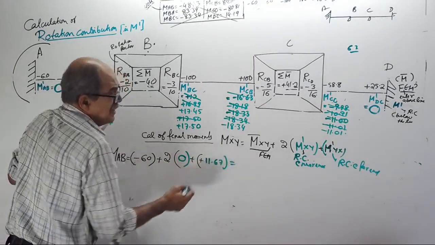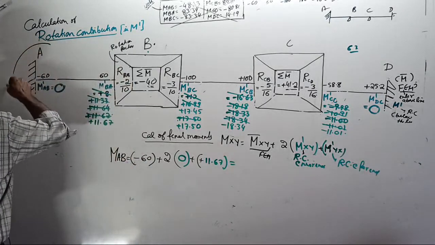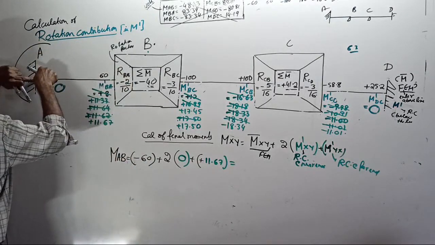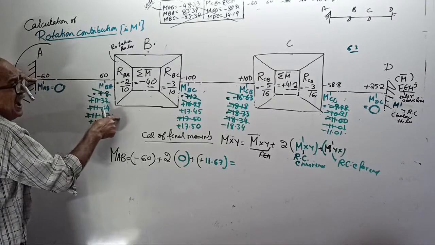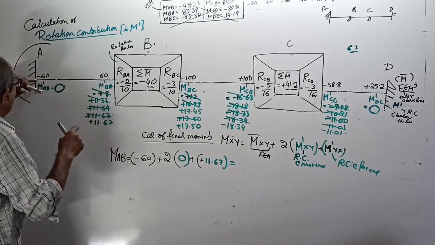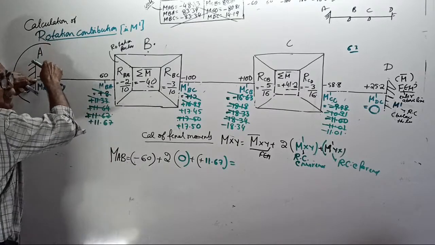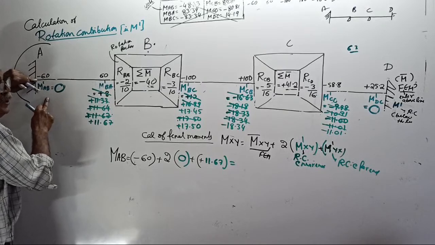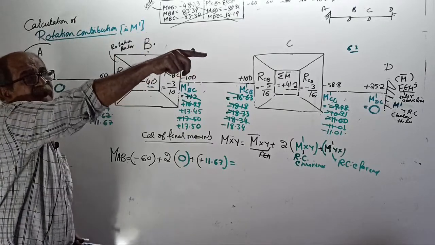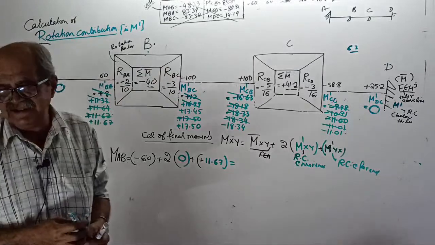When I want MAB, the FEM plus 2 times the contribution here plus the far end. Crude method: the final moment is the upper value plus 2 times the lower value plus the lower value at the far end. Crude method. Answer.